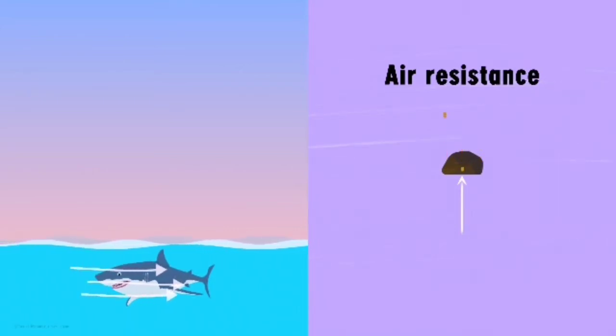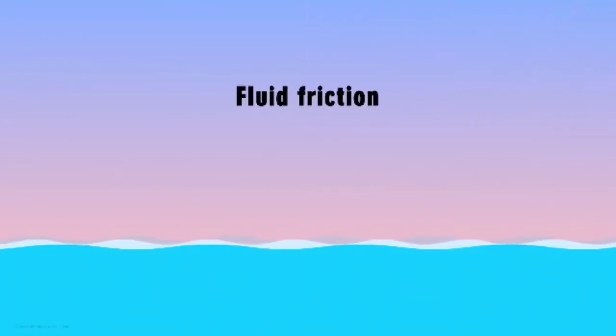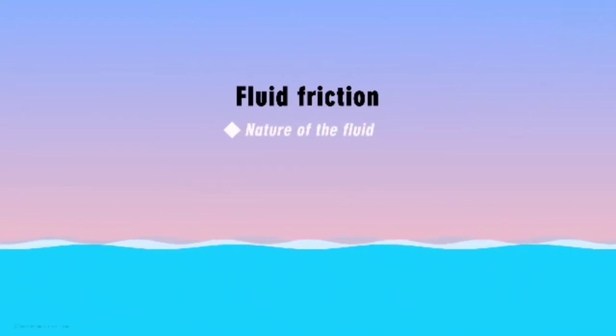What does fluid friction depend on? Let us talk about the first obvious factor. It is the nature of the fluid. To understand this point, you just need to answer a simple question.